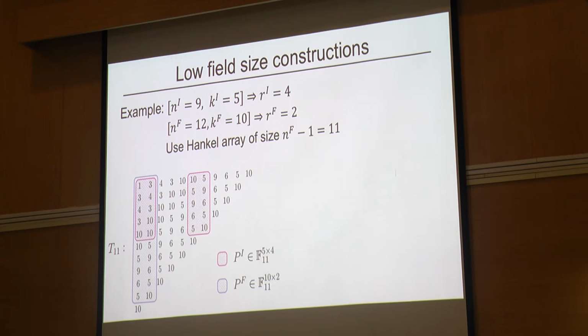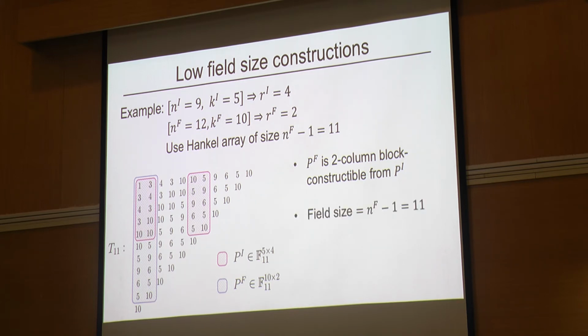And Rf is 2, so we need 2 columns, and we pick it as the first 2 columns of this array. So now, by design, Pf is 2 column block constructible here, because the first half is covered by the first 2 columns, and the second half is covered by the other 2 columns. They are identical, right? So spanning is by design trivial. Okay, and the field size here is just 11, which is nf minus 1.